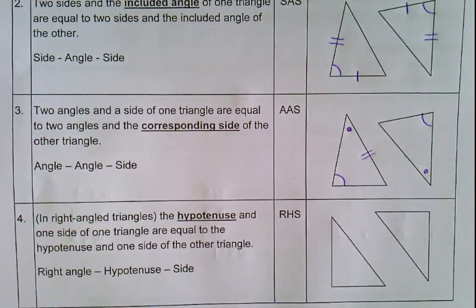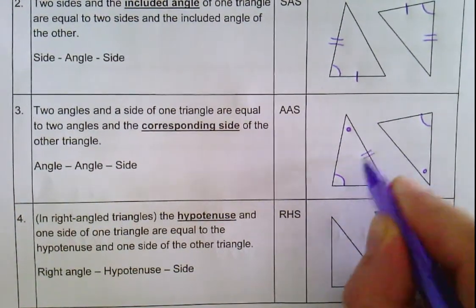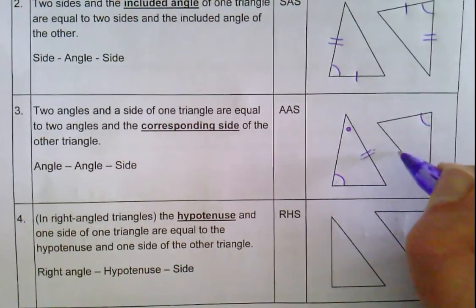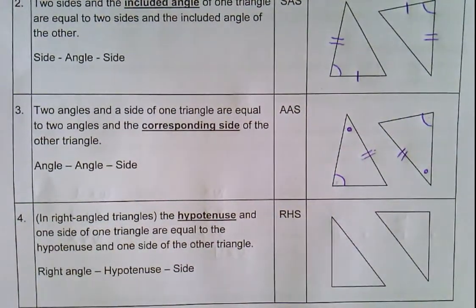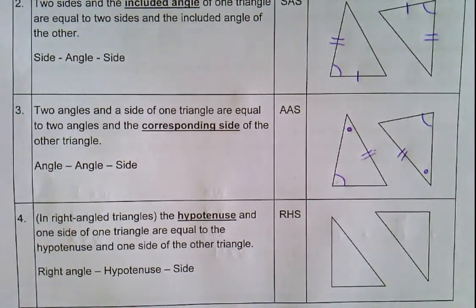Now, how would you describe, I could have just put one single dash, by the way. See this side? I would describe it as being opposite the arc. Can you see that? So which side is opposite the arc? It's this one. So when you describe sides, I always say this side is opposite the dot, or this side's opposite the arc, or this side's opposite the blank.